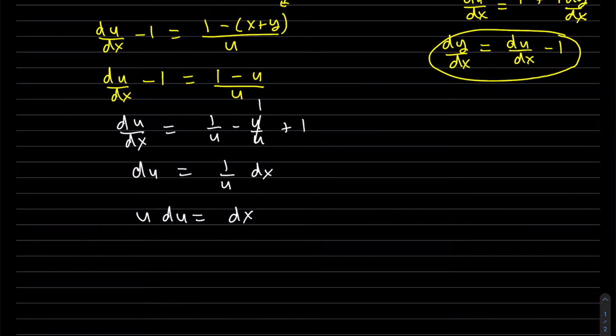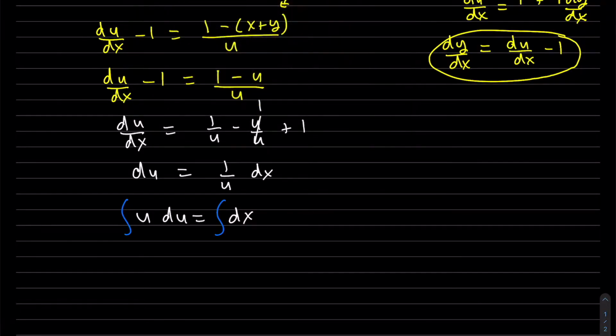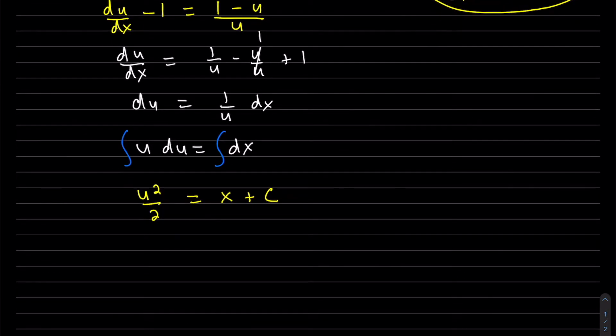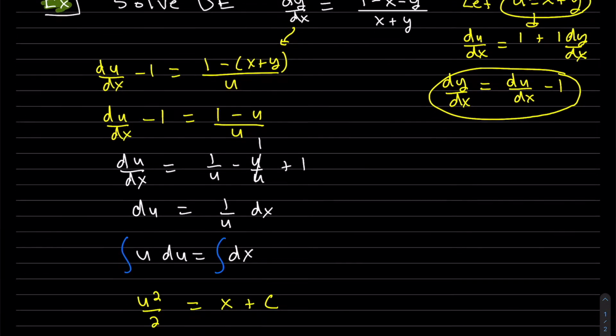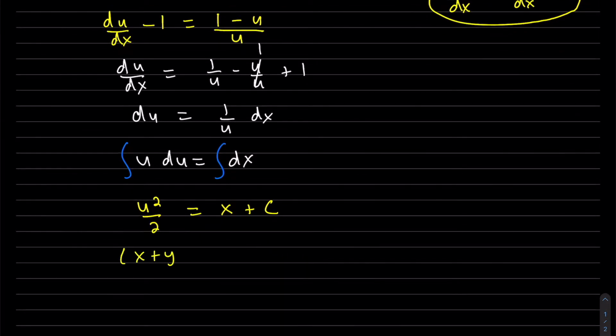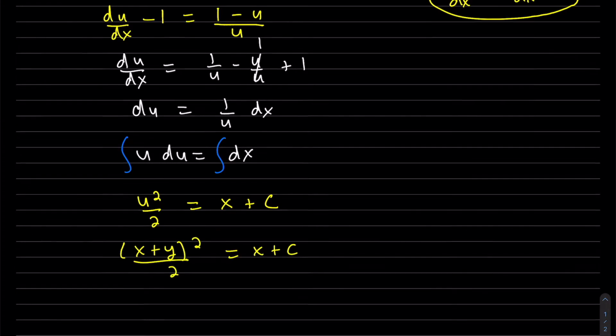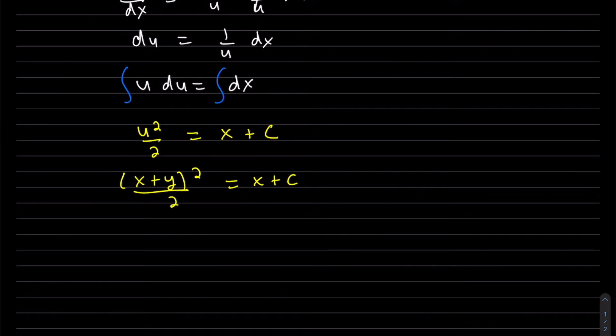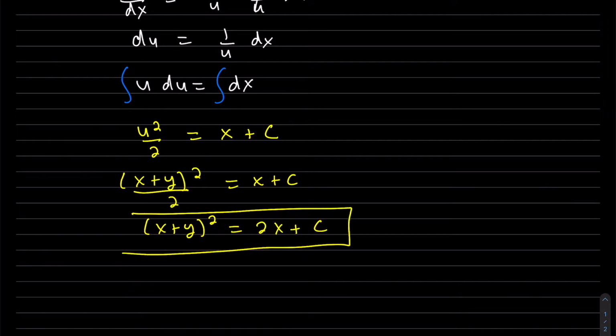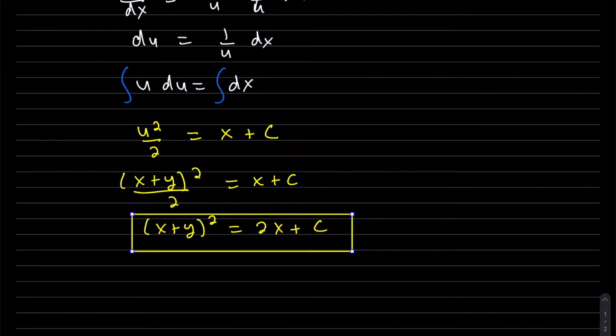So integrate both sides. And then back substitute u equals x plus y. If we want, we can clear a fraction. And we don't need to distribute that too, obviously, because it'll get absorbed into that constant.